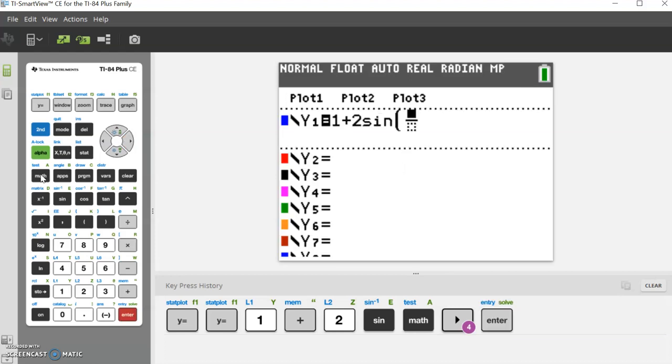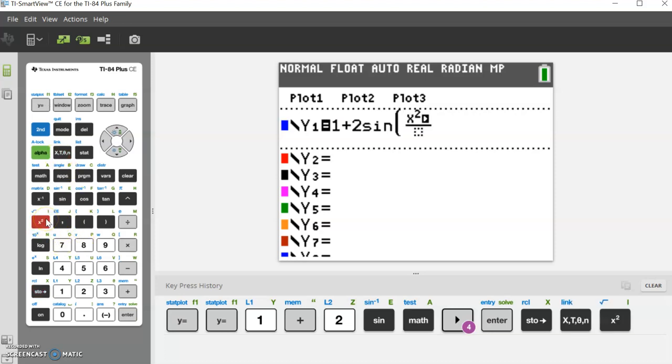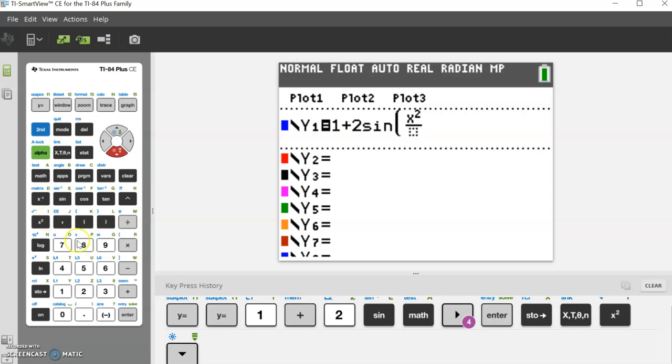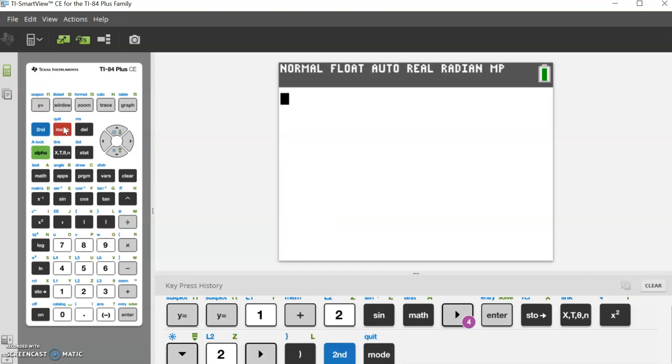That's what I will use this time. I'll show you another way to do it next time, which is alpha y equals, way faster. And so then I have x to the second power over 2, close those parentheses, and there is my equation.